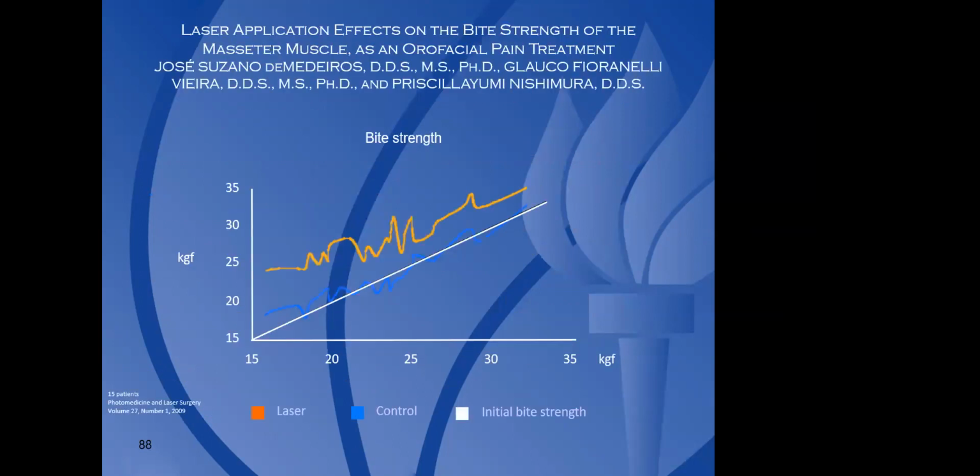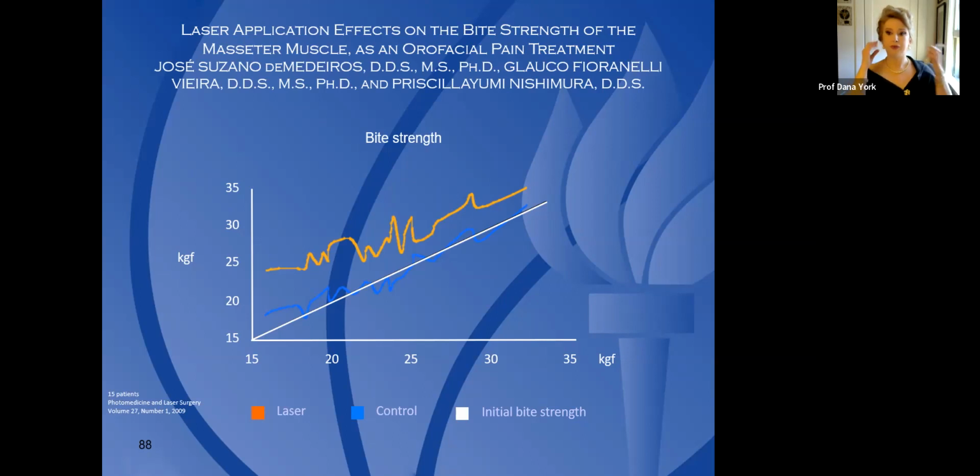In bite strain and in trismus, in pain relief after temporomandibular disorder, we found a benefit in the temporomandibular joint. For example, a patient has bruxism, yes? The mouth is closed, 6 millimeters aperture.